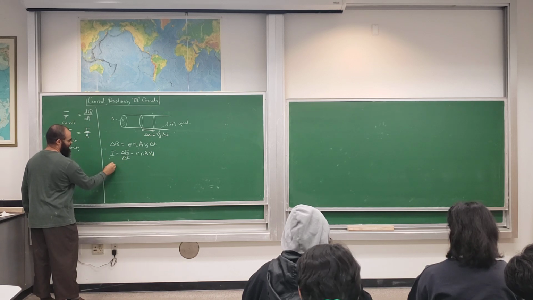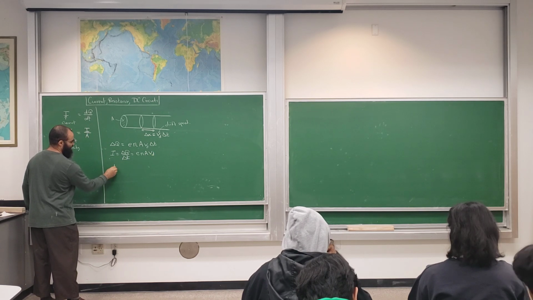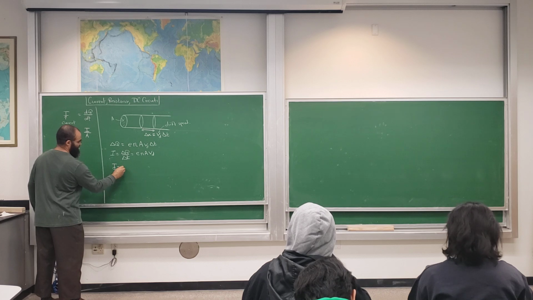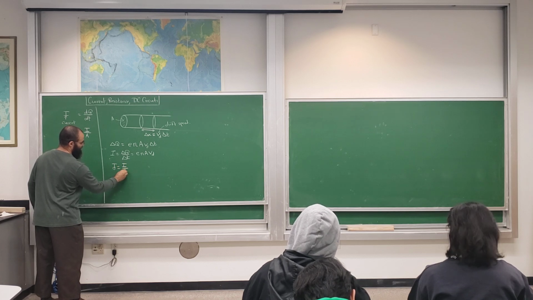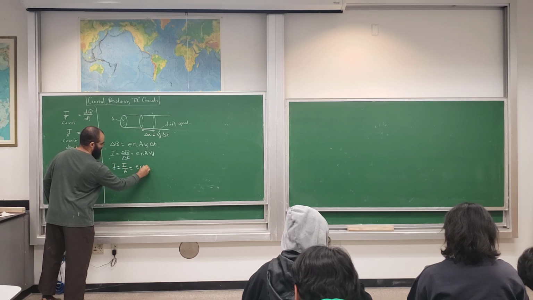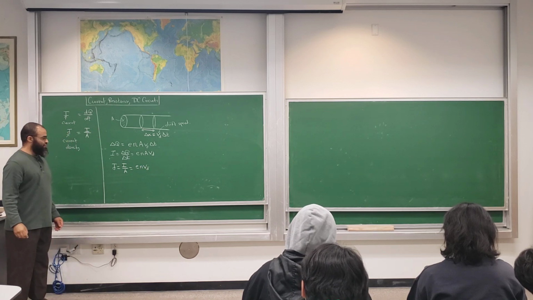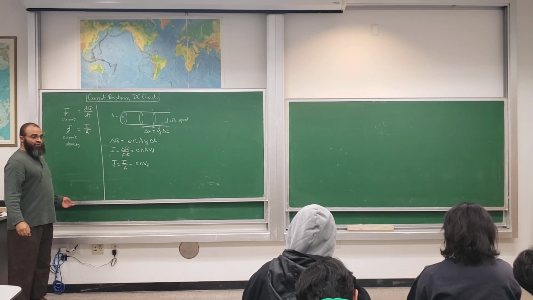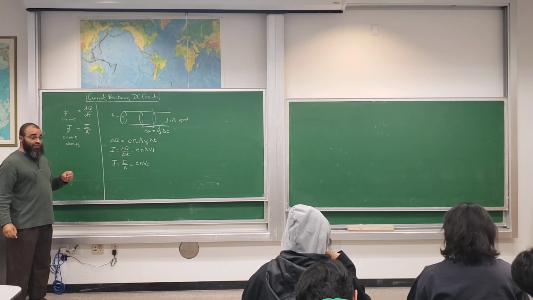Divide both sides by area, and you will get your J. We did even more last time.